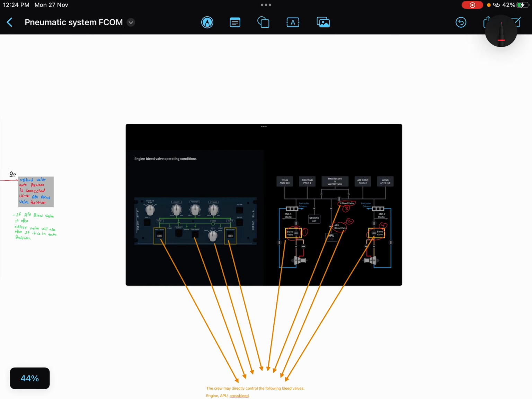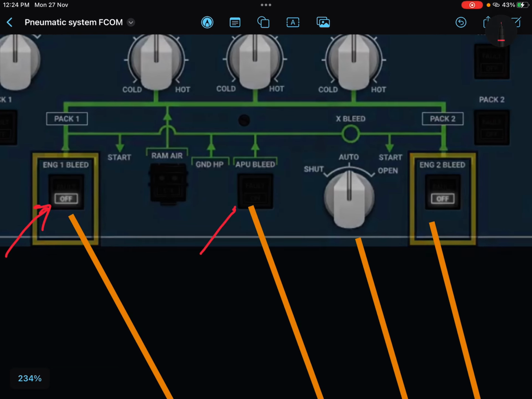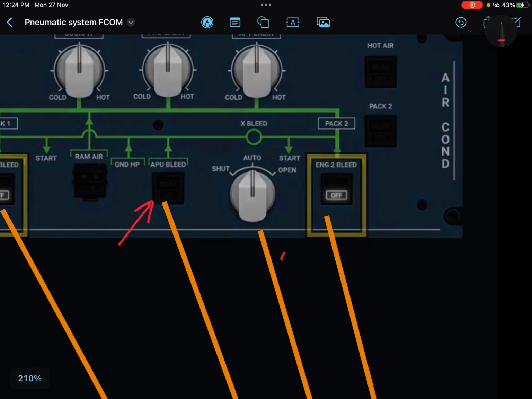So you have direct control for the engine bleed valve, you have direct control for the APU bleed valve, you have direct control for the engine number 2 bleed valve, and the cross bleed valve with the help of this rotary knob. If you bring it to shut, it will shut. If you bring it to open, it will open.